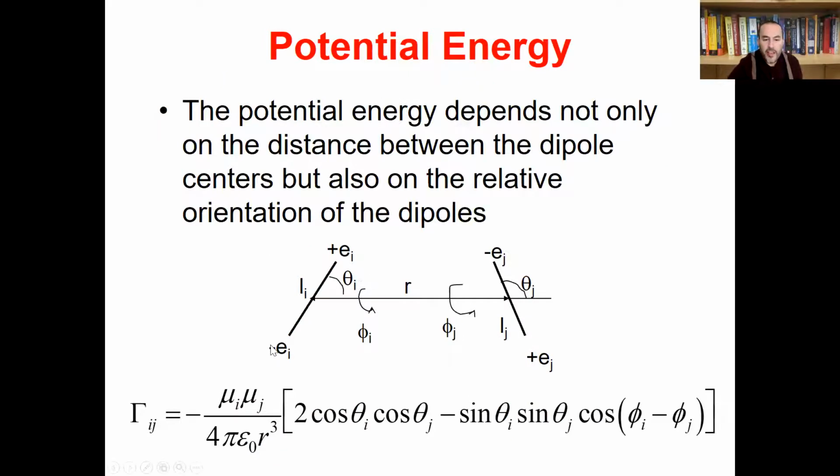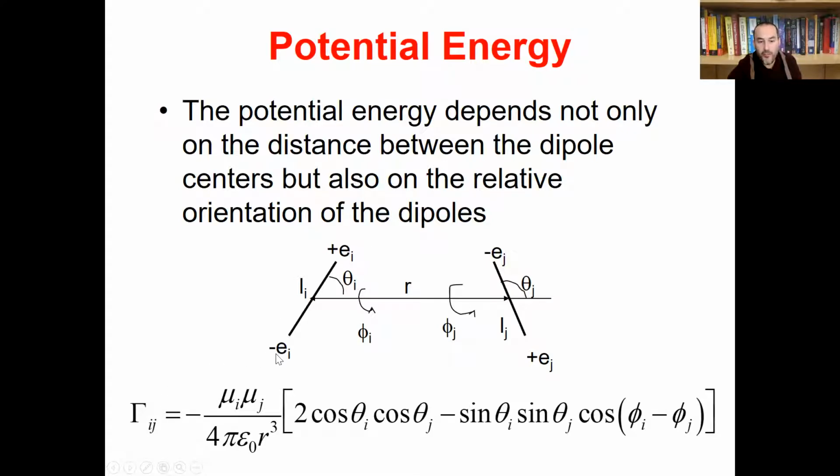Think about a molecule. As we said, the potential energy between two molecules which have permanent dipole moments does not only depend on distance, but also on orientation and their respective angles with respect to each other. This is the potential energy that gives us the dipole-dipole interactions between two molecules.